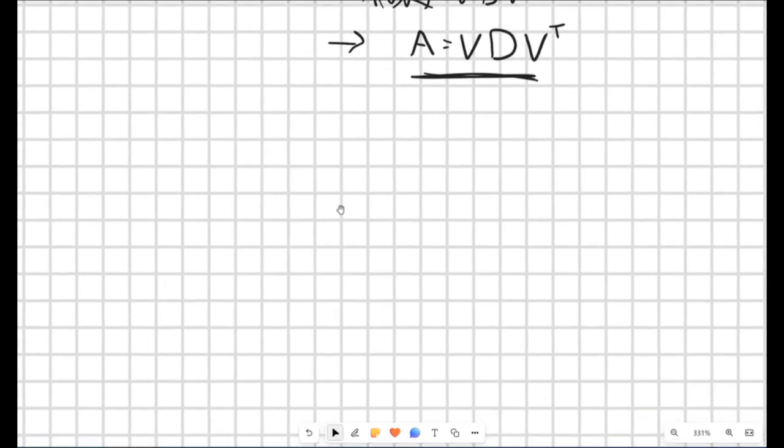For example, if you have A multiplied by A, then using our eigen decomposition, we know that that is also equal to V times diagonal matrix D times V transposed. So that's A times A.